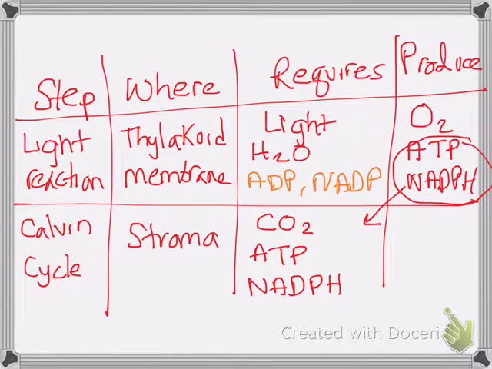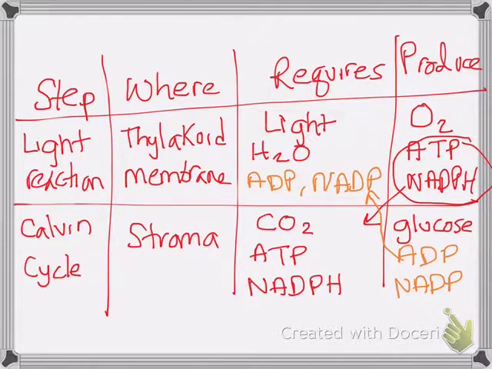At the end of the Calvin cycle, you're going to produce your glucose, and your ATP becomes ADP because it's given up its energy, and your NADPH becomes NADP, and those will go to the light reaction so that they can be recharged.